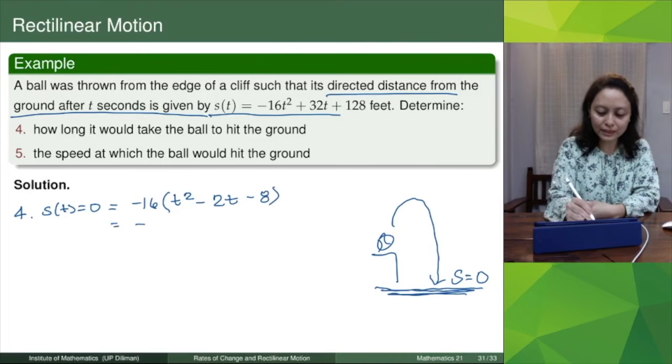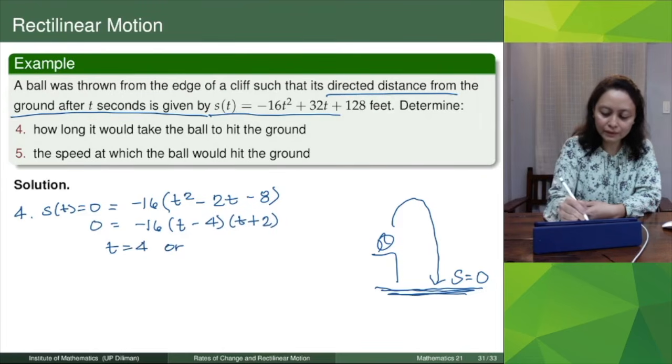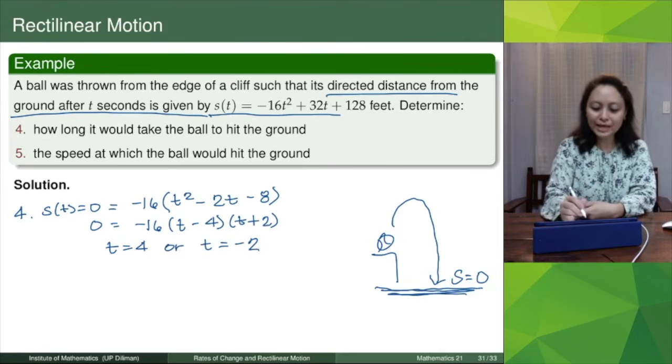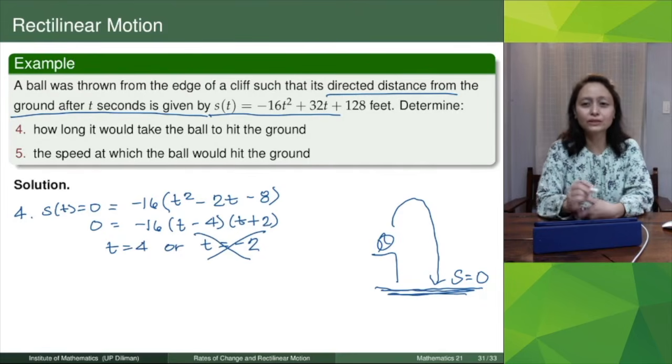So, this is equal to negative 16 times t minus 4 times t plus 2. And this is equal to 0. So, solving for t, we get t equals 4 or t equals negative 2. Pero sabi nga natin, walang negative time. So, t equals 4 lang.